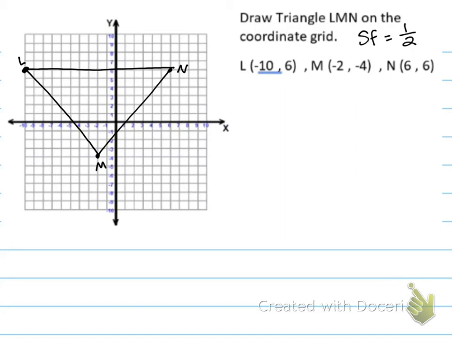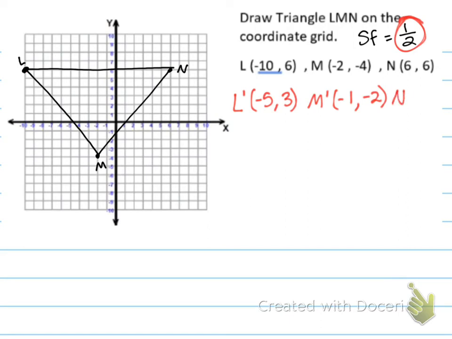Okay. So it's less than 1, so I know it's going to shrink, but let's see how much it shrinks. So for L prime, I'm going to multiply a half by the negative 10 and 6 to get negative 5 and 3. Right? For M prime, I'm going to do the same thing, multiply 1 over 2 by negative 2 and negative 4. So you get negative 1 and negative 2.